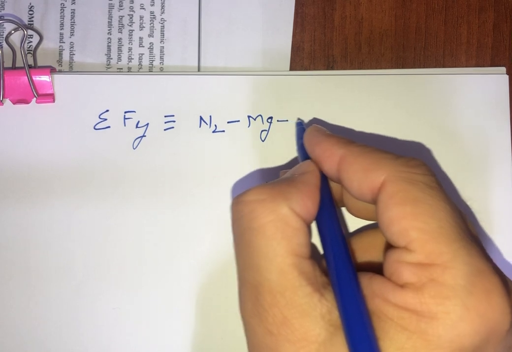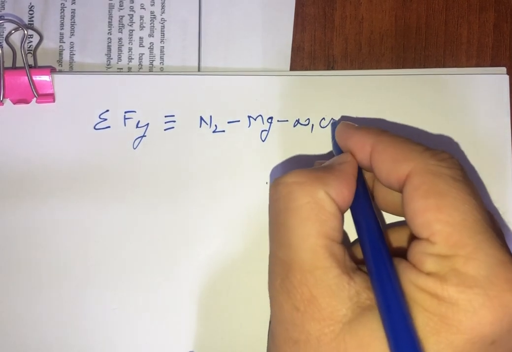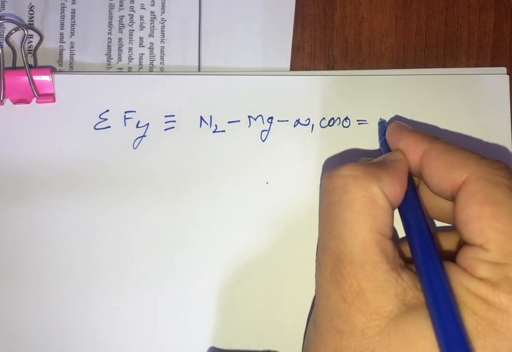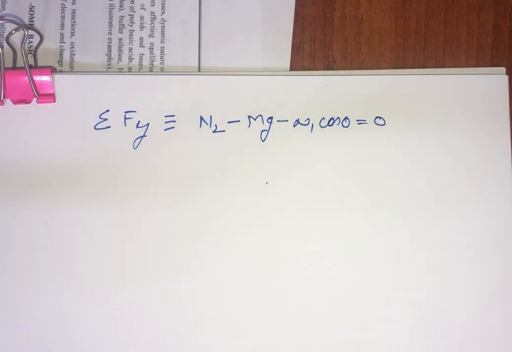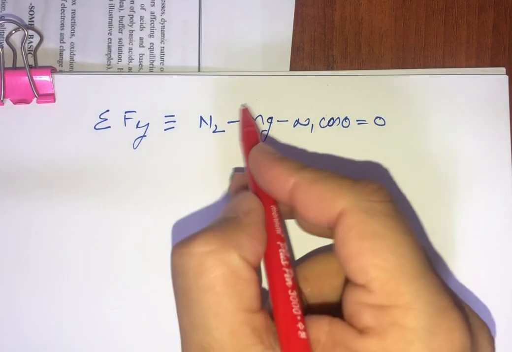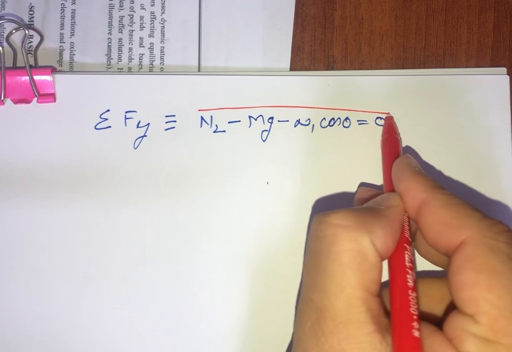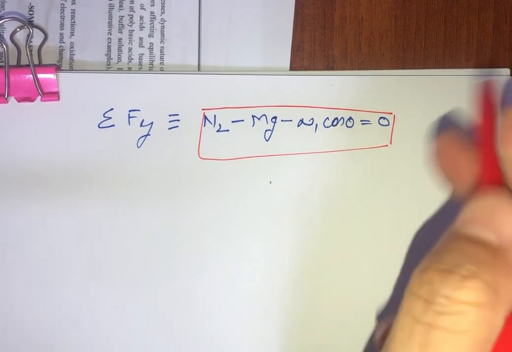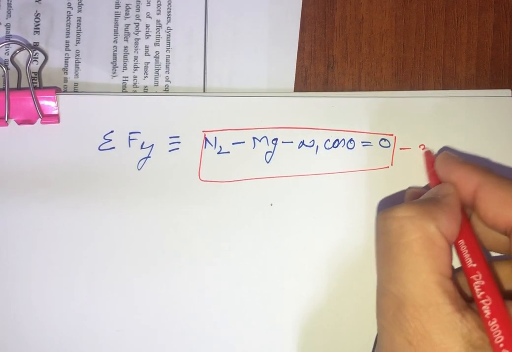So we have N1 cos of theta in downward direction, this is equal to 0. And let us call this equation number 2.